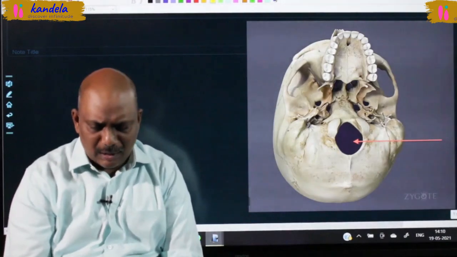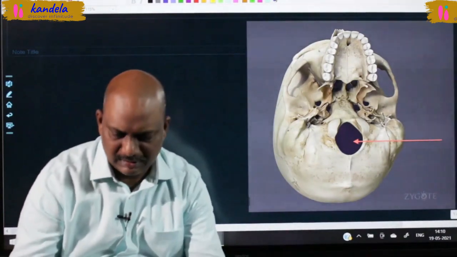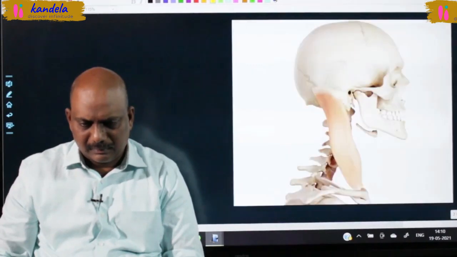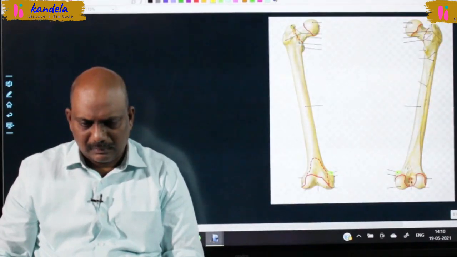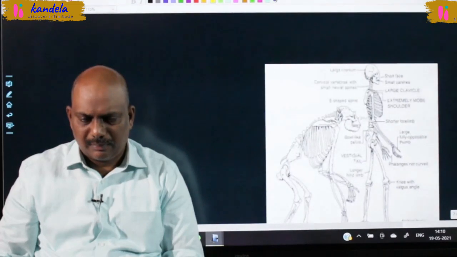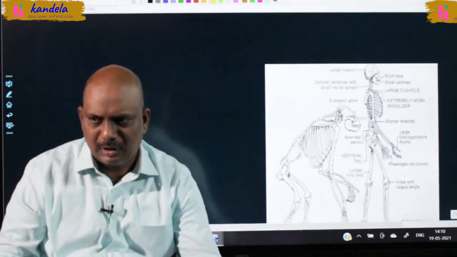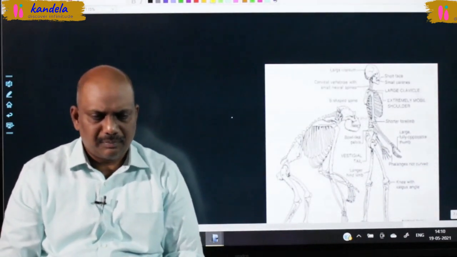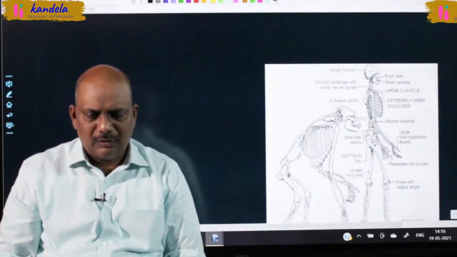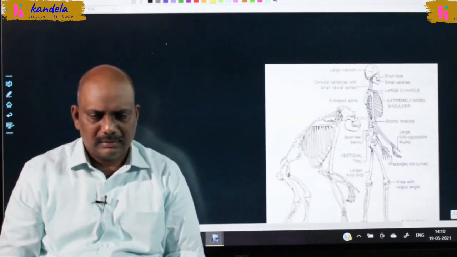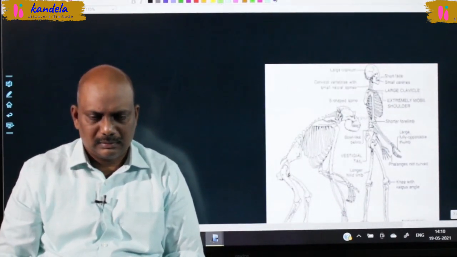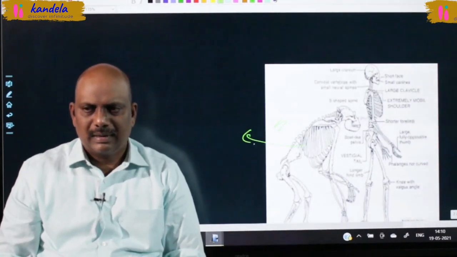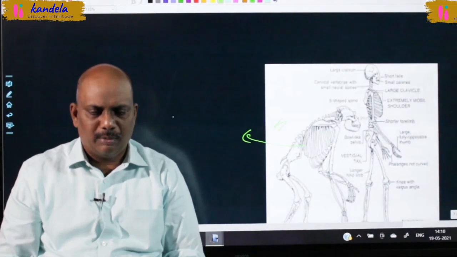When our animals had quadrupedal locomotion, I'll show one picture, see if you can understand. The picture is not so clear, but I will explain. See here, this one has quadrupedal locomotion.